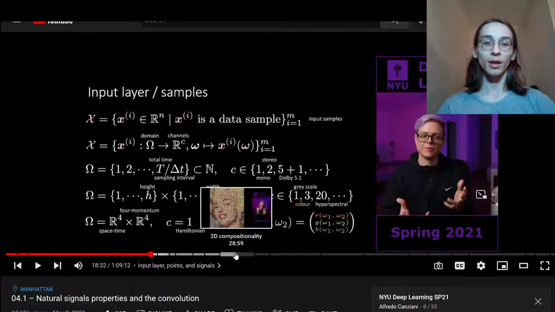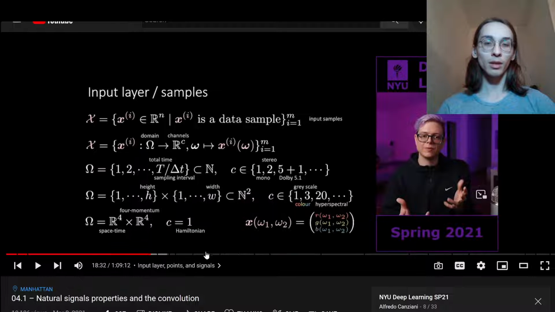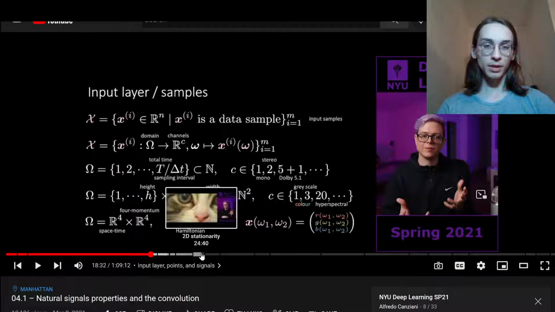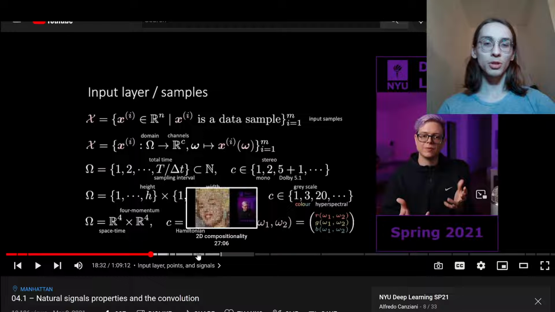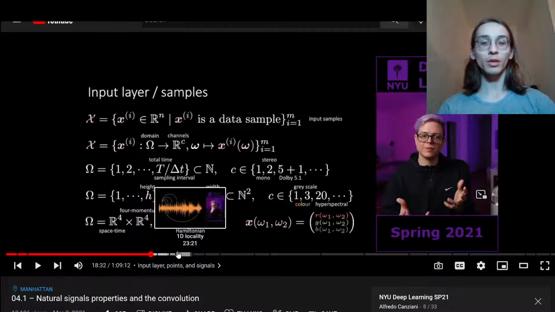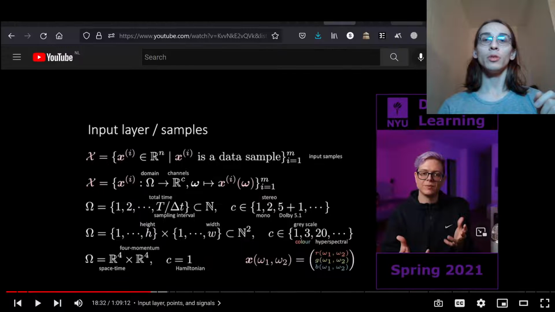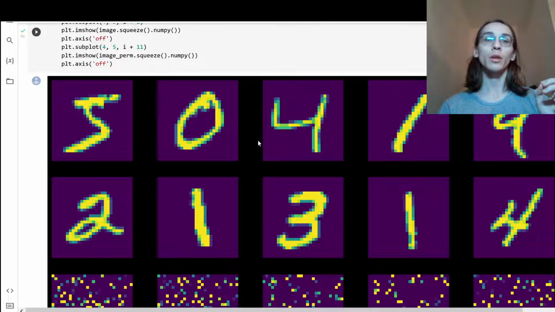So I really like that they did that, and I like the properties of the data that we use with ConvNets: stationarity, locality, compositionality. That's really nice, and I really like the way he illustrates it with examples.